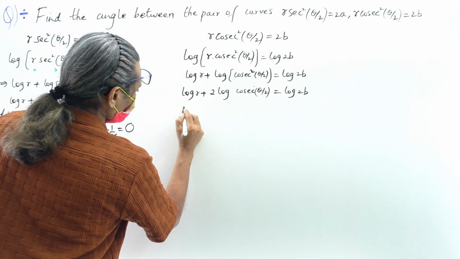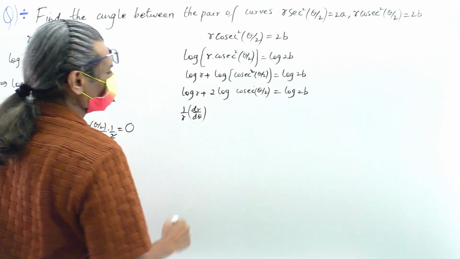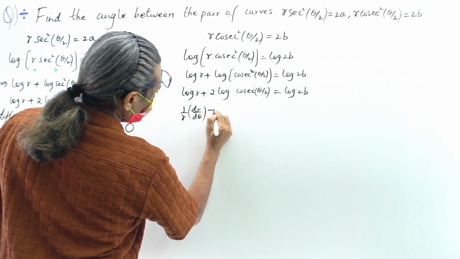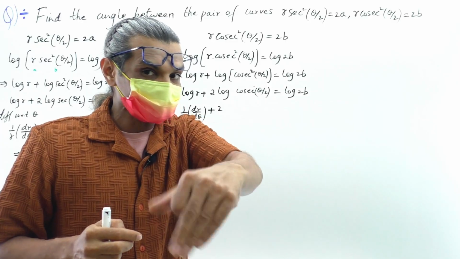So the derivative of log r is 1 by r dr by d theta plus, again in the same way, the differential of log x is 1 by x.